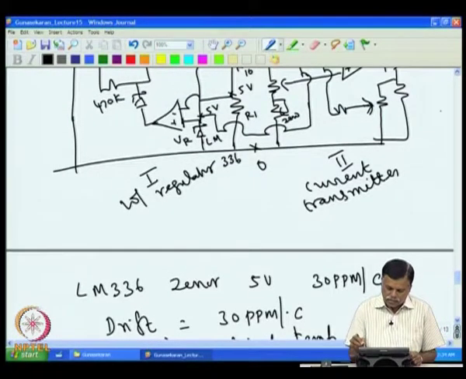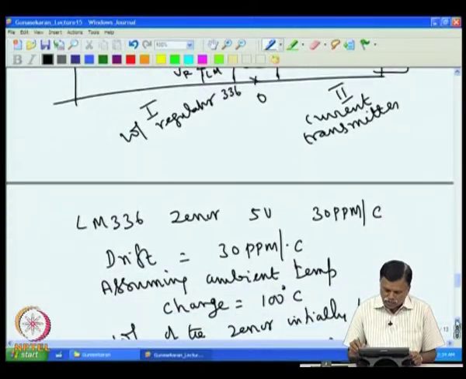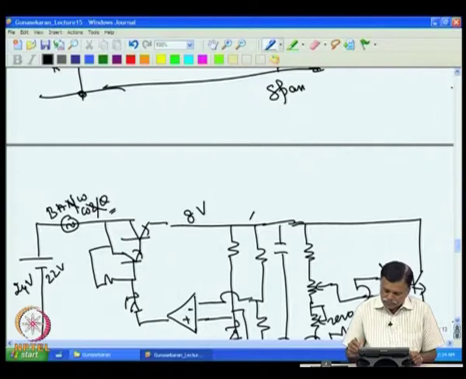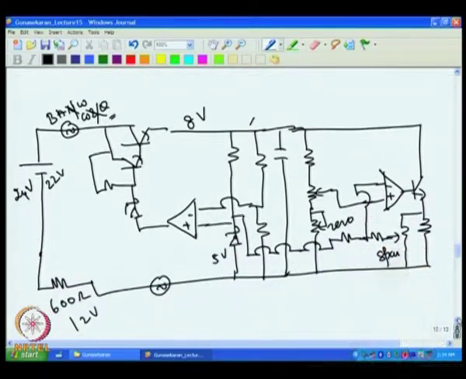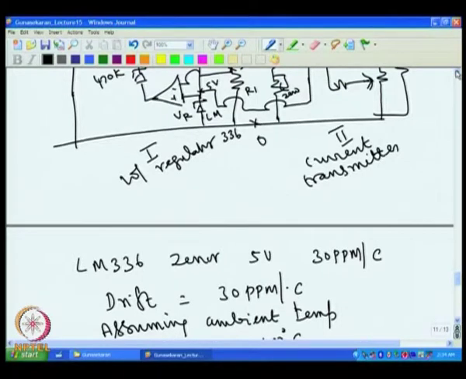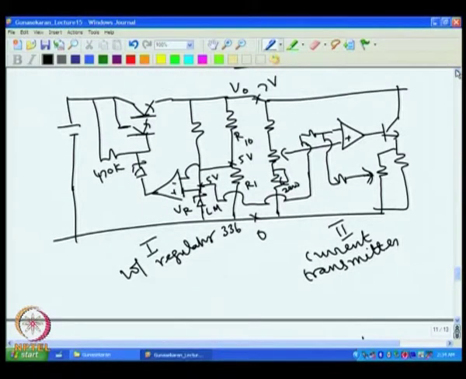I want to go back to the circuit. Okay, it is here. I think today's circuit is somewhere here. Okay, this is R1 and this is R10.